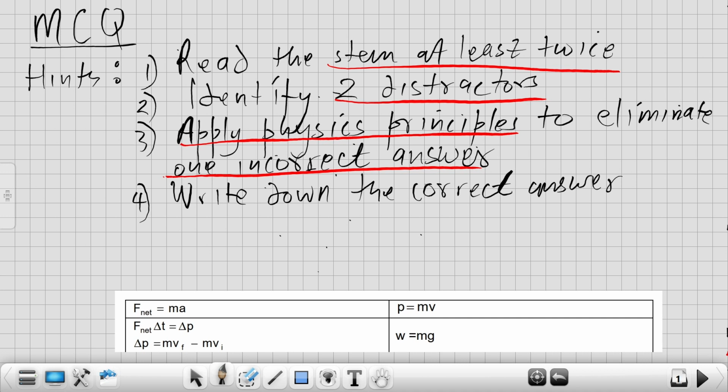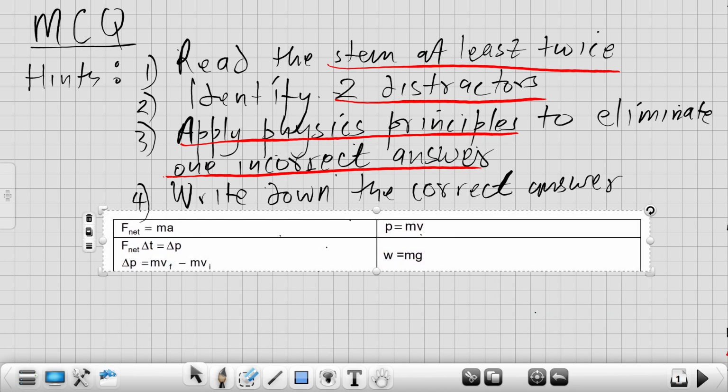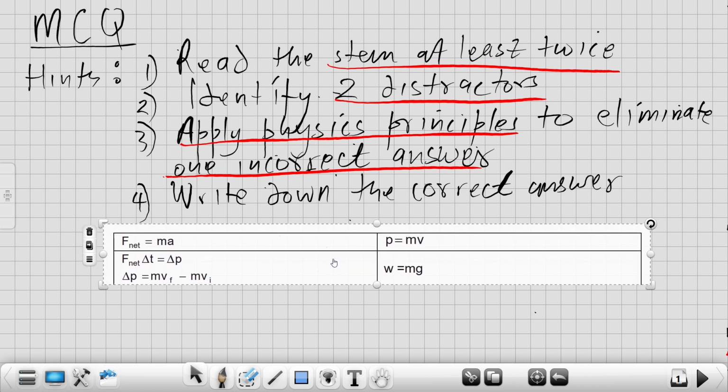But supporting these 4 hints that I'm sharing, I always advise the majority of people to also know where to find the formulas related to the question.